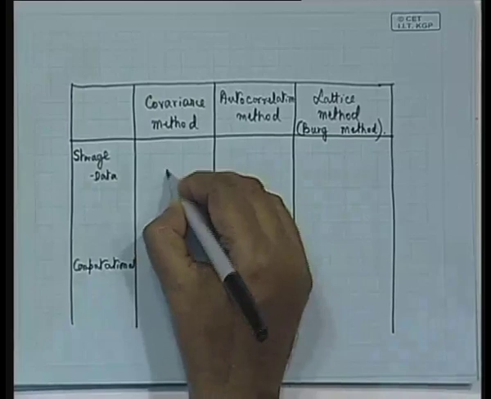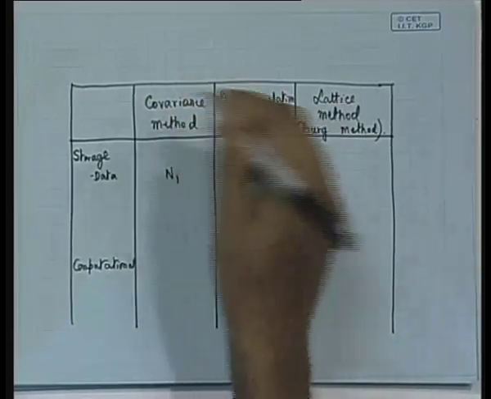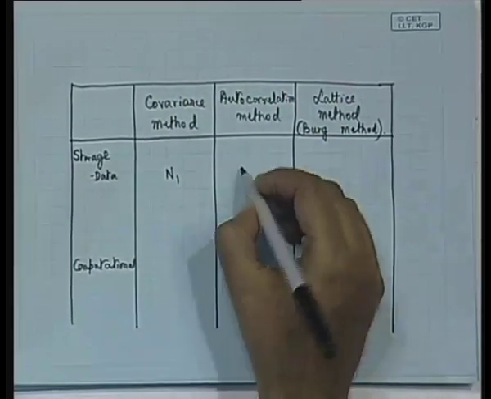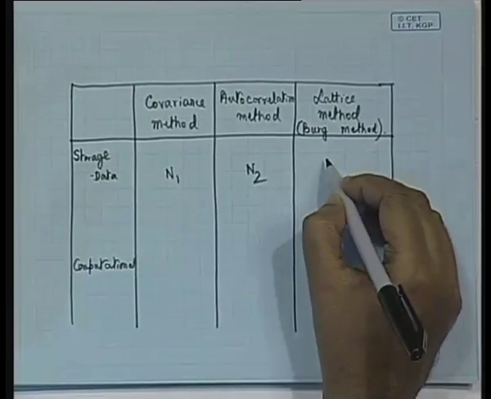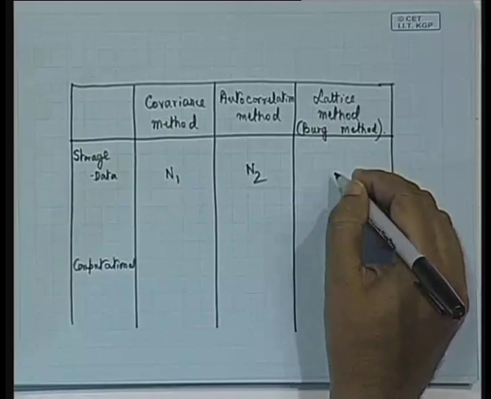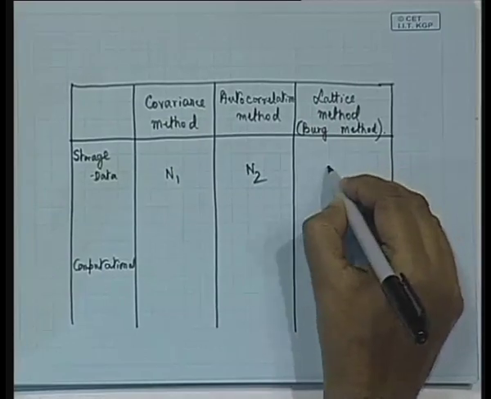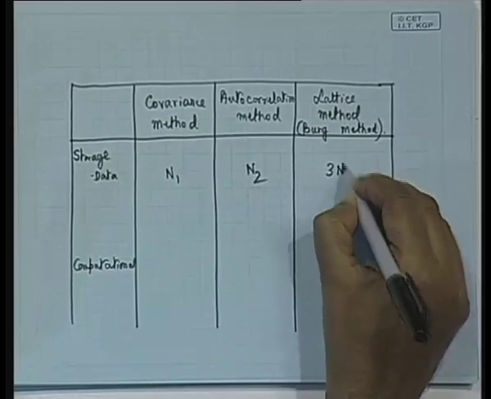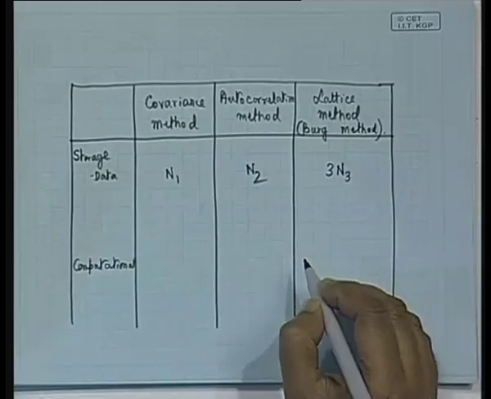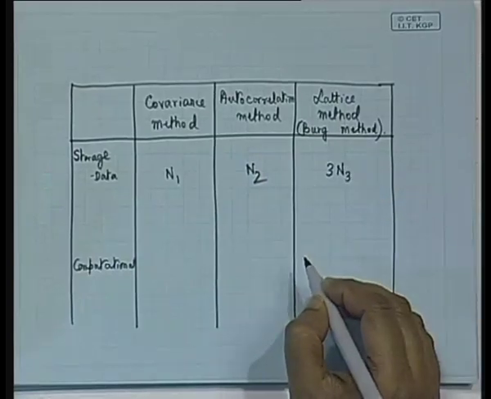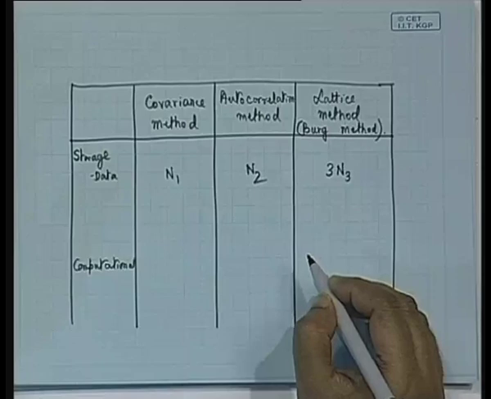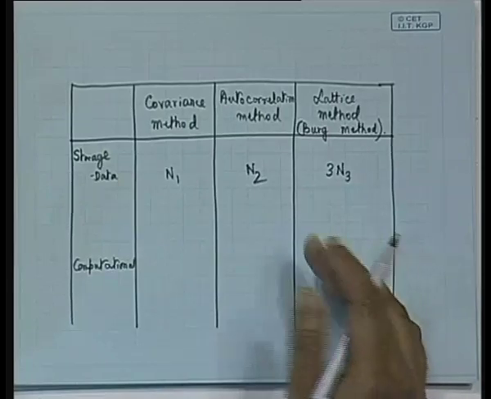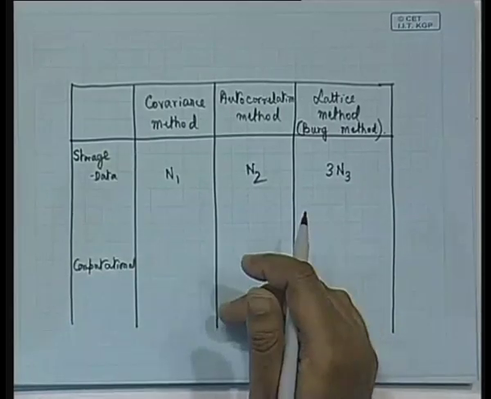So data wise, let us say the covariance method has N1 points, the autocorrelation method has N2 points, and the lattice method has N3 points, but in fact it will be 3 times N3. Do you know why it is 3 times N3? Because we also need to store the errors.